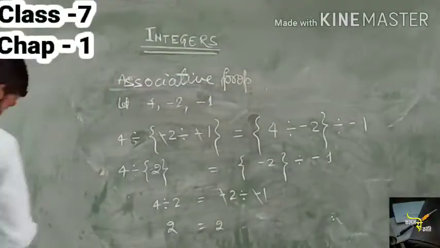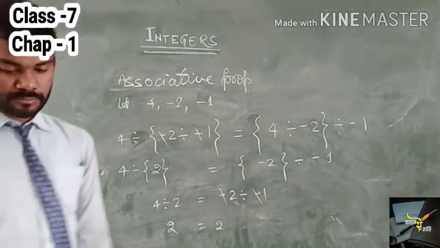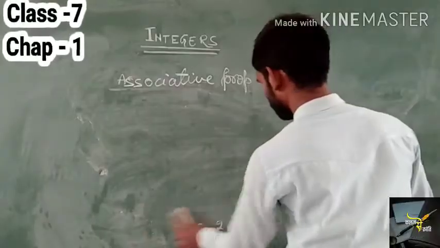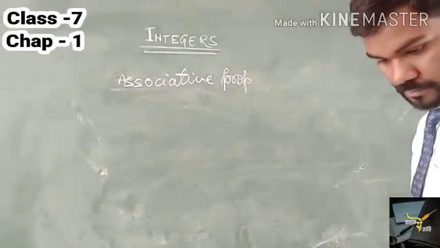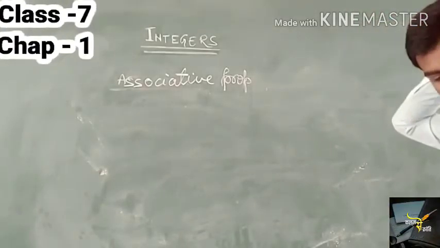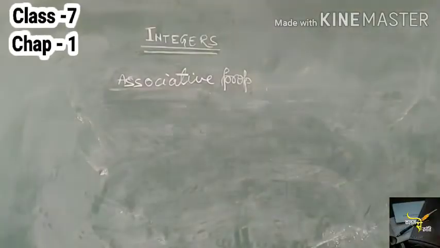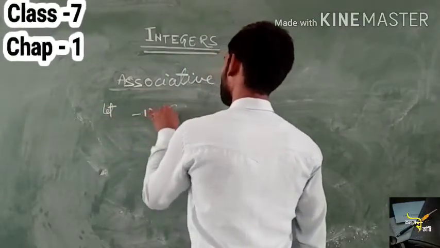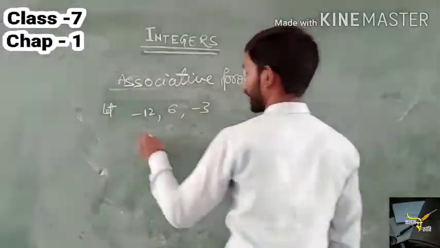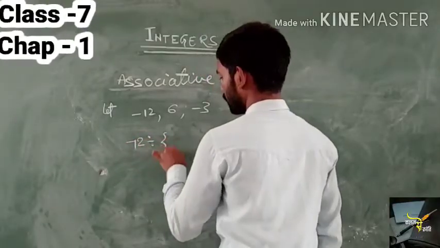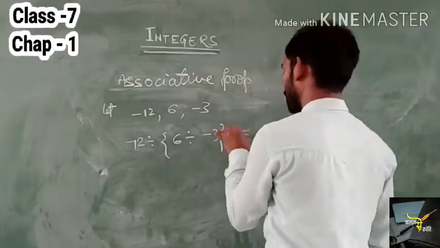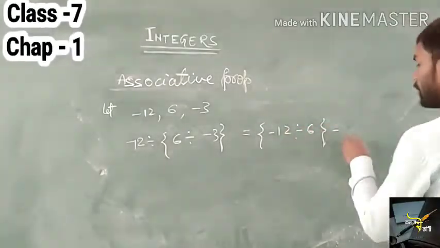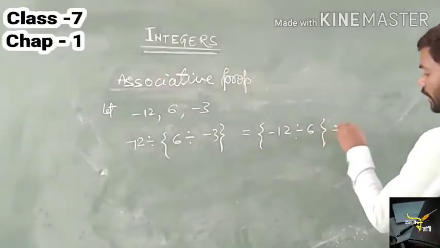So now let us see another example. Now let us consider minus 12, 6 and minus 3, and we can write minus 12 divided by 6 divided by minus 3, and this will also be written as minus 12 divided by 6 divided by minus 3.